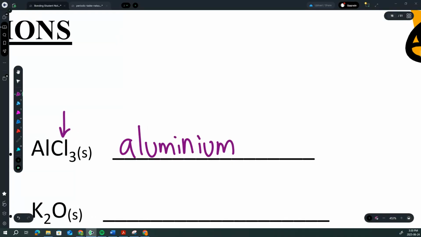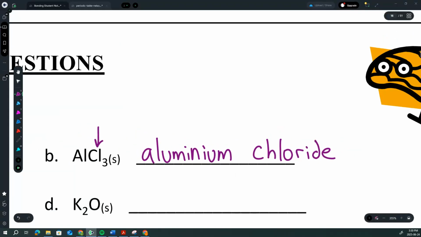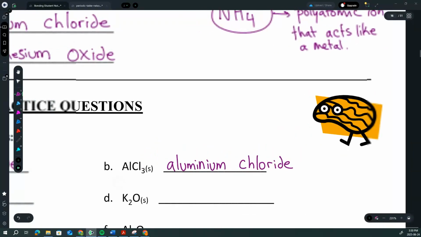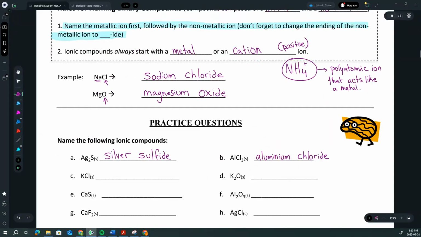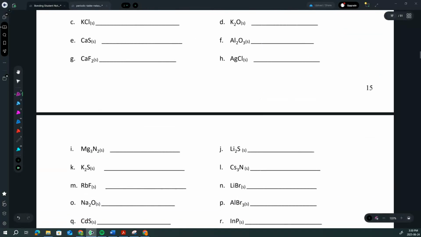It's the symbol for chlorine, but we've got to switch the ending to IDE, so it's going to be aluminum chloride. Again, with these practice questions, please refer to the lesson guide to see what is assigned to help you get these concepts.